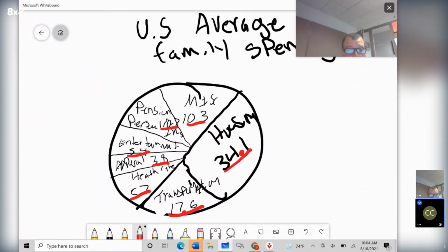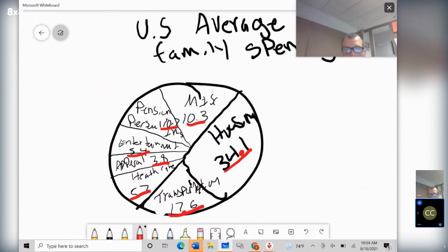The second biggest one would be transportation, and that's 17.6%. Transportation can be your car, bus pass, motorcycle, Uber, however you get around. The next one would be healthcare. That's 5.7%.